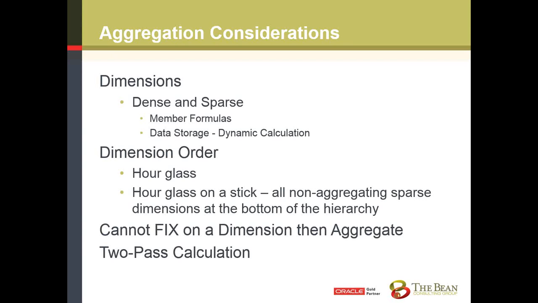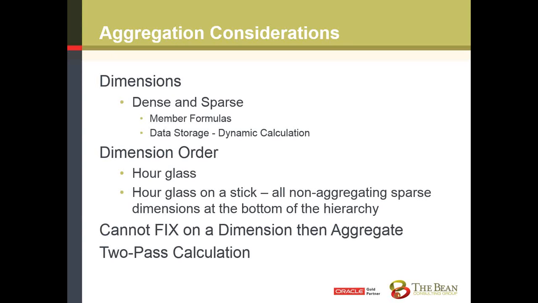We had a client at one point, I recall, who had a very large sparse dimension, had made all of their roll-ups dynamic calc across the entire sparse dimension, and their agg for the database was taking over 24 hours, which in the real world doesn't work very well if you're looking at daily loads.